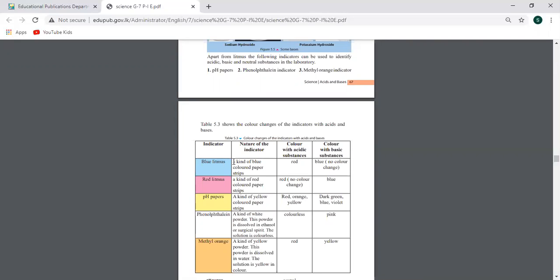And methyl orange, the acid substance is red, and the basic substance, or else the base, is yellow. So acids have a sour taste, and bases have a bitter taste. To identify them, we can't taste them because they are chemicals. So for identification, we use these indicators: litmus papers, pH papers, phenolphthalein, and methyl orange.